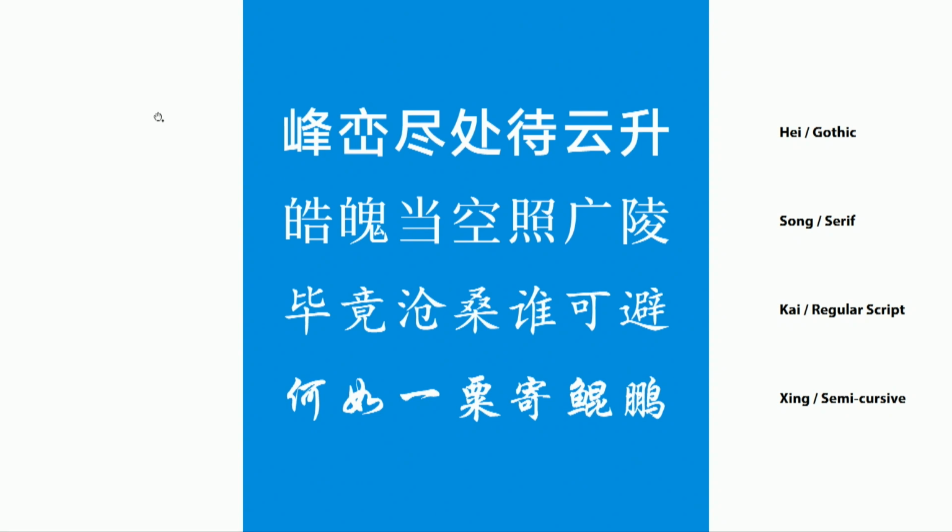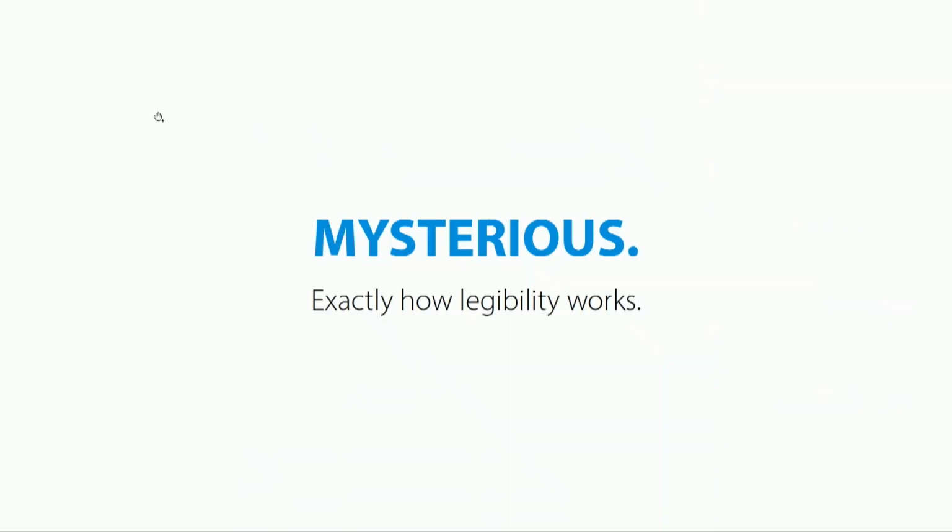Maybe because even though the strokes are touching, the unique shape gives us enough distinction of the shape and the component, so we can easily recognize it. So that's really mysterious. We don't know how to maintain legibility all the time. That's why sometimes we choose not to care about it.